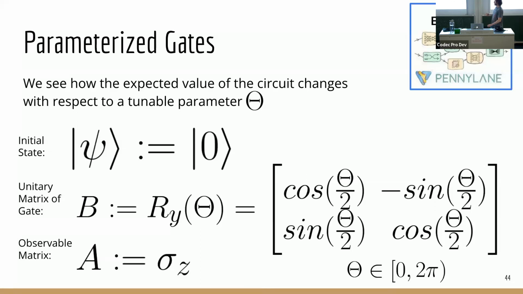So I'm going to call this tunable parameter theta, and I'm going to now create a quantum circuit that is almost identical to the one that was just shown. However, instead of using the Pauli Y matrix, I'm going to use this Y rotation matrix. And the entries of the Y rotation matrix are parameterized as follows by this parameter theta in the range of 0 to 2 pi.